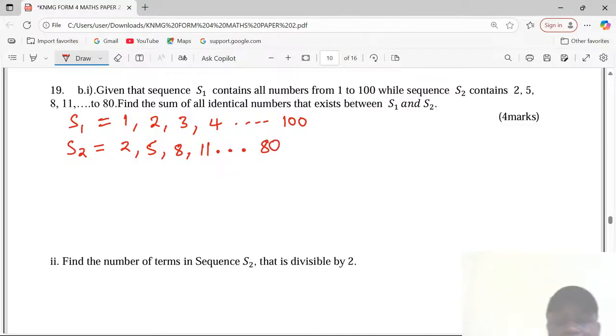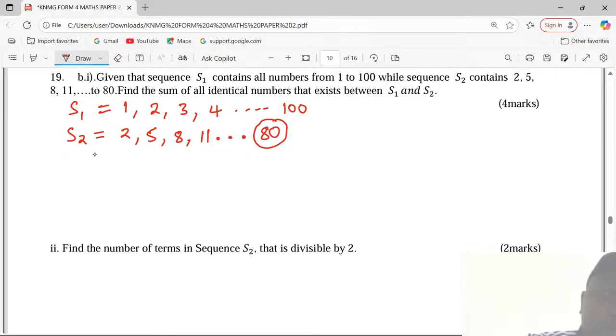So can we get how many terms are in S2? The first term here is 2 and there is a common difference of 3, because from 2 to 5 we have 3, 5 to 8 we have 3, 8 to 11 we have 3.